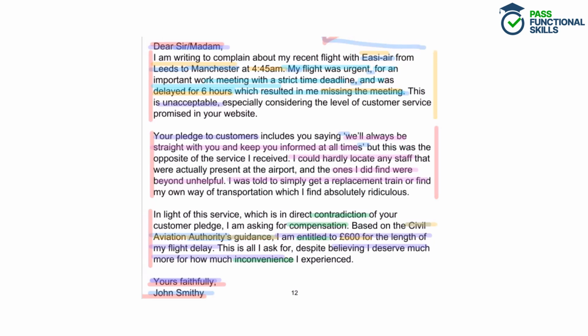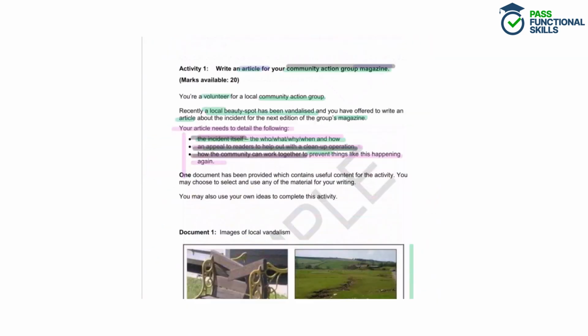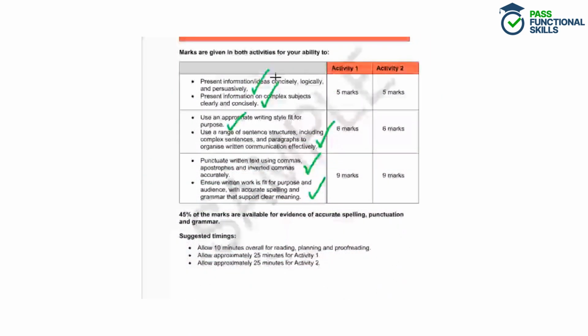Okay, so now we've had a really detailed look at this answer and we can see how it matches up with all of the marking criteria. So if we go back to the criteria here, we can see that all of the criteria has been met. Information and ideas have been presented concisely. We haven't got any repetition throughout the answer.